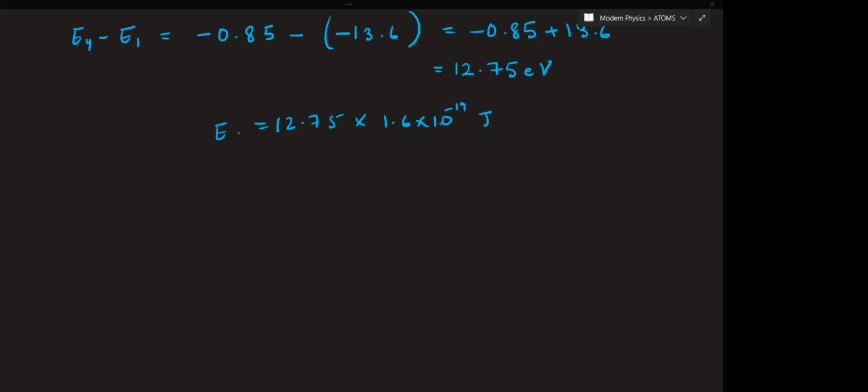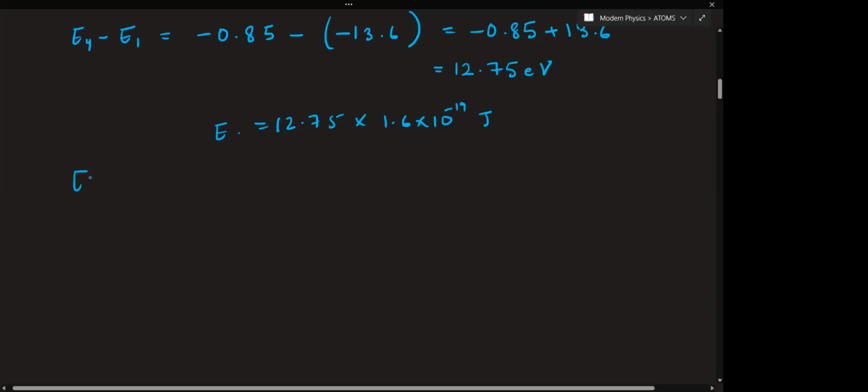E is equal to hc by lambda. Yes, inversely proportional, but the constant includes hc also. Yes, Abdullah. So E will be equal to hc divided by lambda. So only lambda is unknown and the rest of the terms are known.